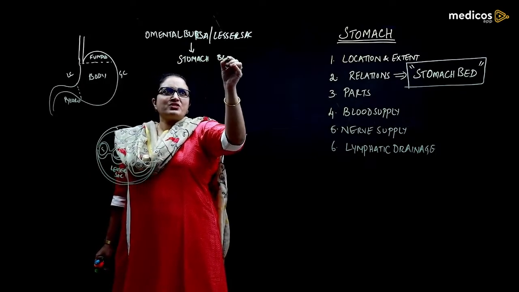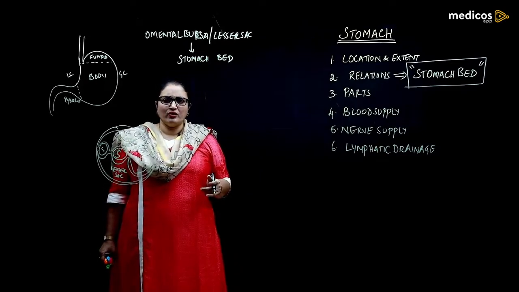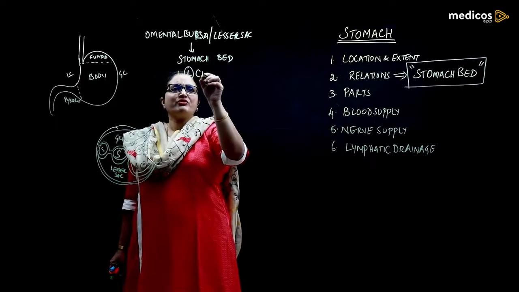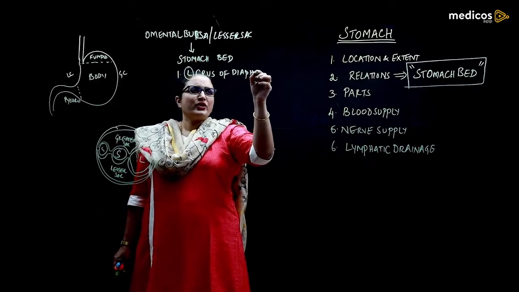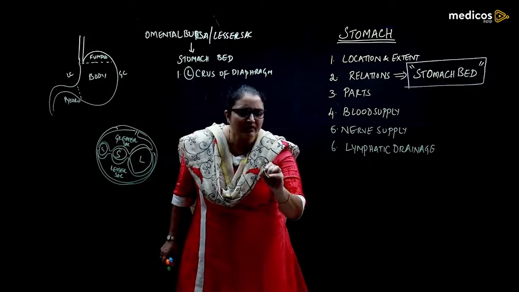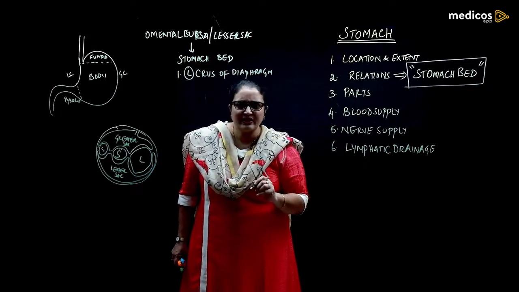If you try to enumerate them from the posterior abdominal wall, the first and foremost is the left crus of the diaphragm. Diagrammatically, you have your diaphragm; this is the right crus and this is the left crus.